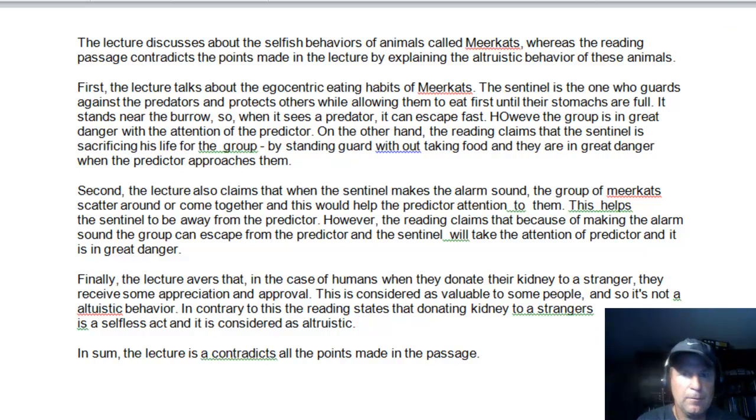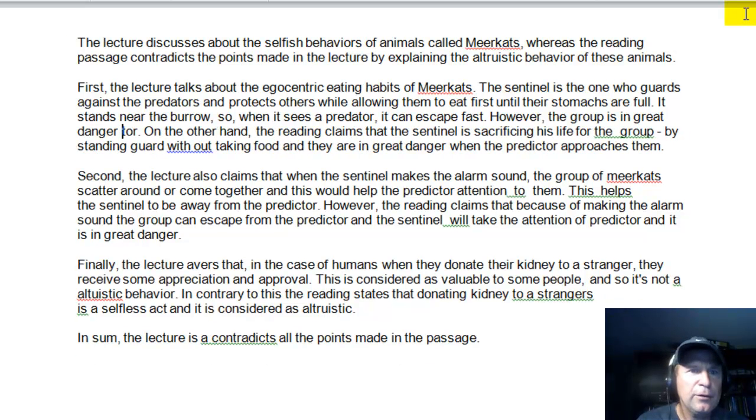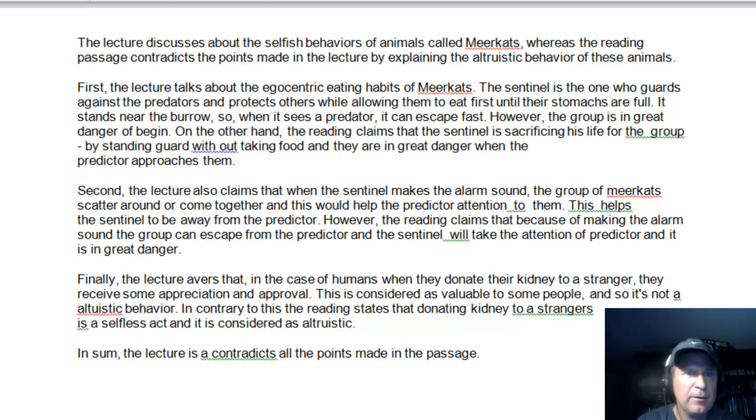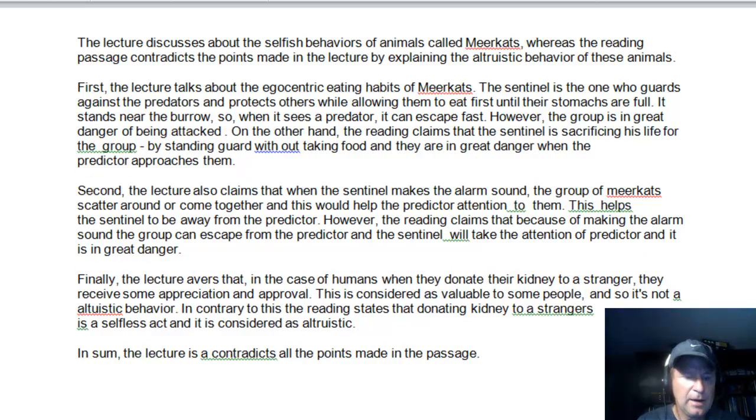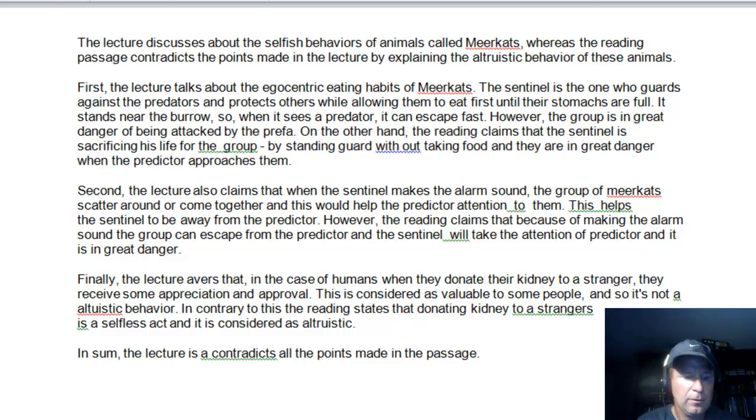Just put, however, the group is in great danger with the attention of the predator. No. It is in great danger of being attacked by the predator.